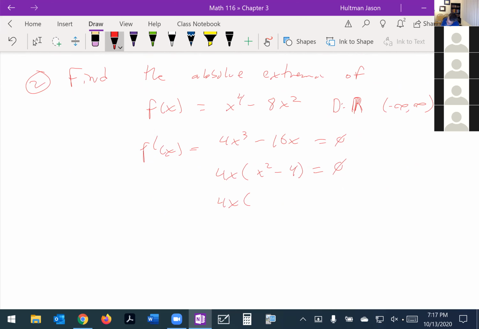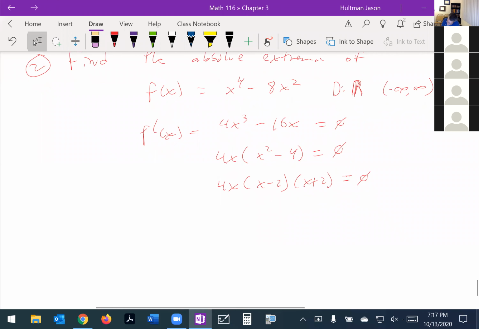This is 4x times x minus 2 times x plus 2. So I'm actually going to get 3 critical values: x equals 0, x equals 2, and x equals negative 2. These are all going to give me relative mins or maxes. Now, are they absolutes? We shall see.